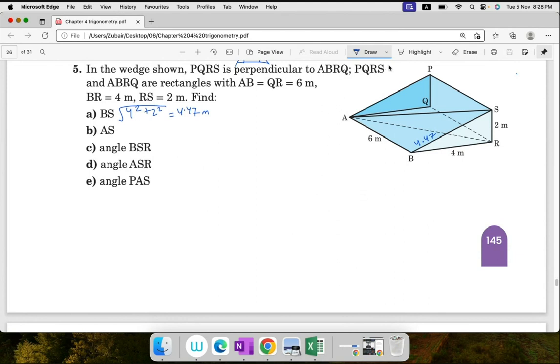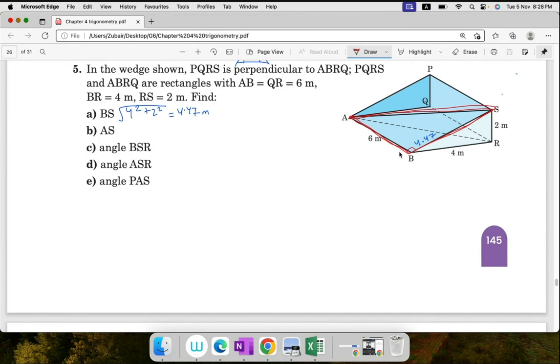There are two different approaches. If you want to use this triangle ASR to find AS, you need AR as well, so you'll have to do some extra working. But if you just use this triangle AS, SB, and BA, two sides are already known, and this is at right angle.